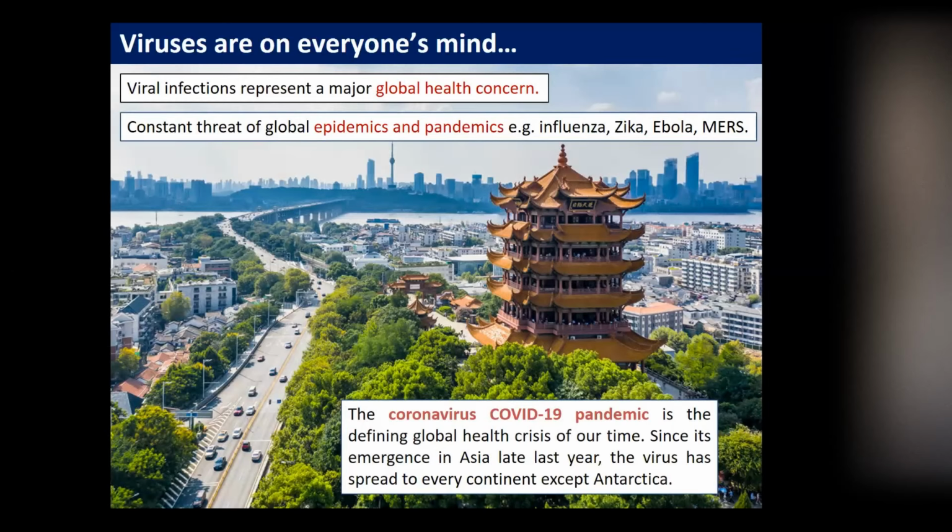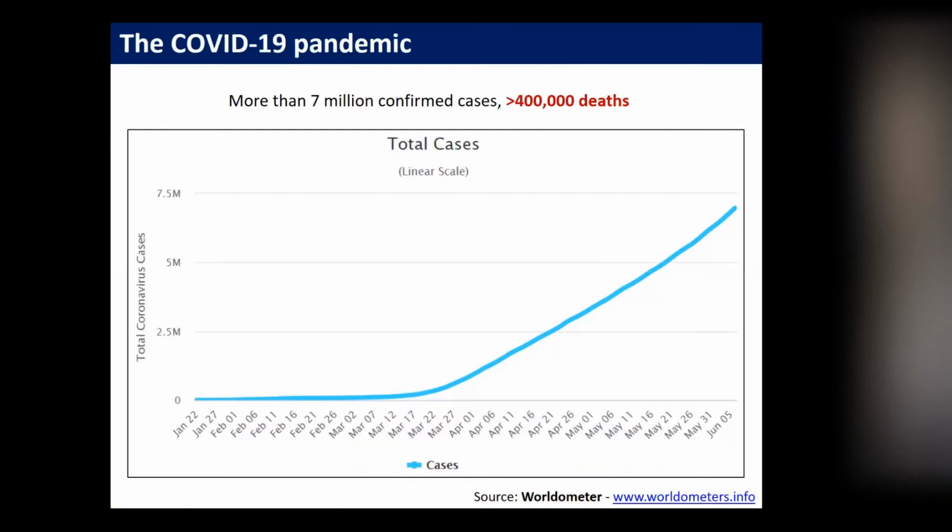It's thought that it emerged in the Chinese city of Wuhan late last year, and since then it's spread to every continent of the world except for Antarctica. When I was putting these slides together a couple of days ago, we'd just passed 7 million confirmed cases.